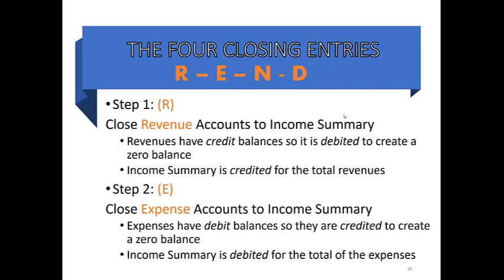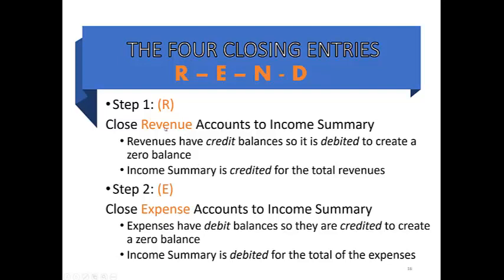In the closing process, there are 4 closing entries, and I did a little mnemonic here to help you remember those 4, R-E-N-D. So the first step is to close the revenue account, and thus the R. So all the revenues are closed to the income summary account.